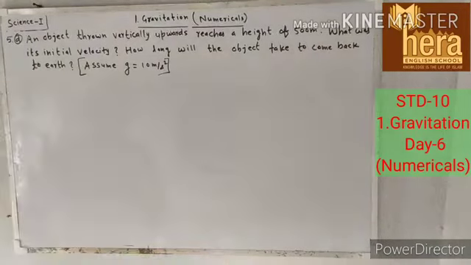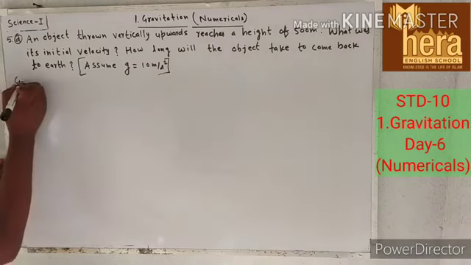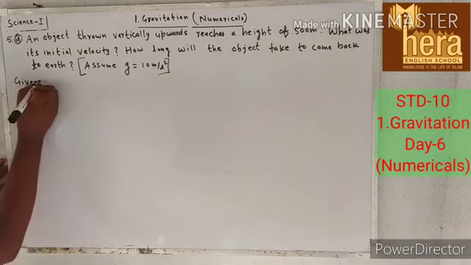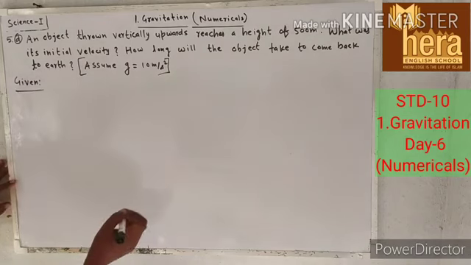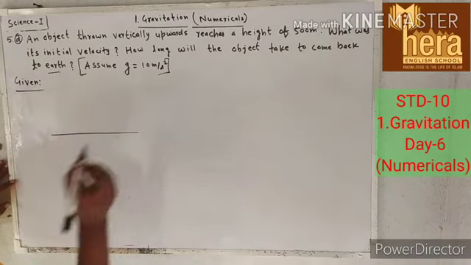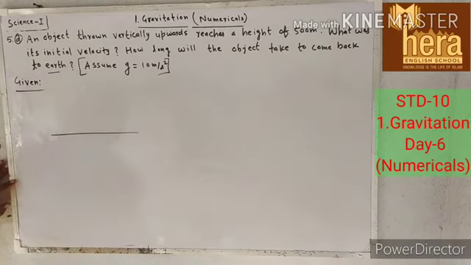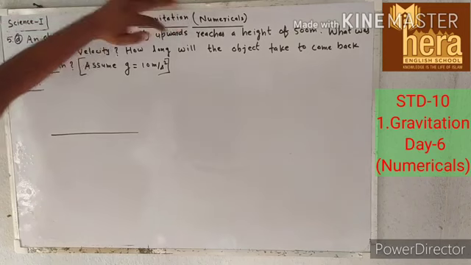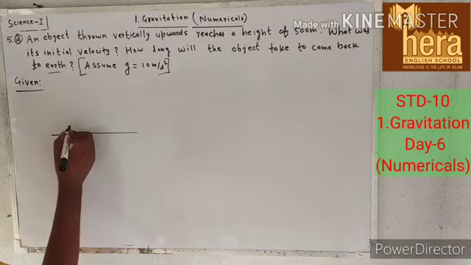Okay, I will make the diagram for understanding purpose. Right here given. This is Earth, right? An object is thrown vertically upwards. An object is here.